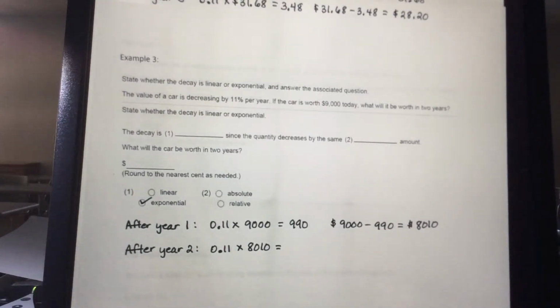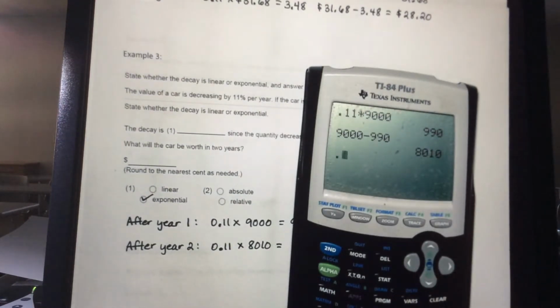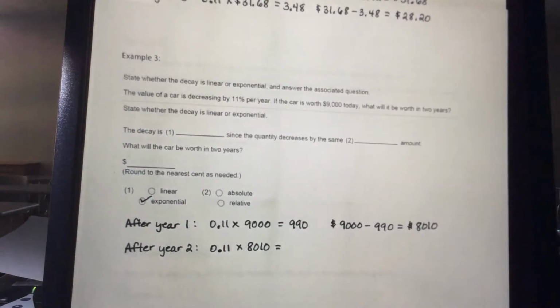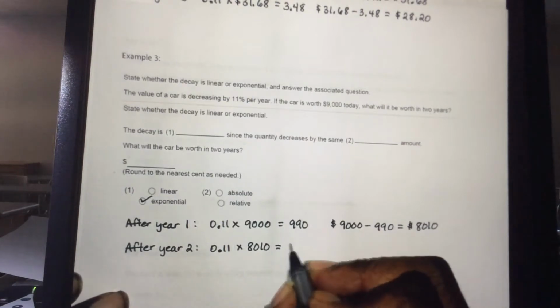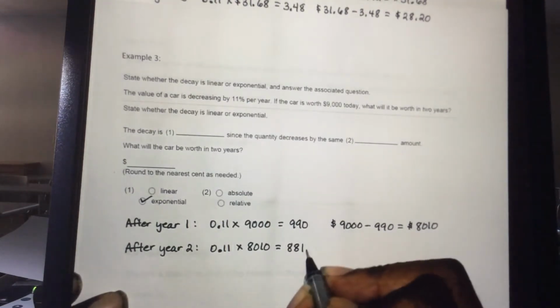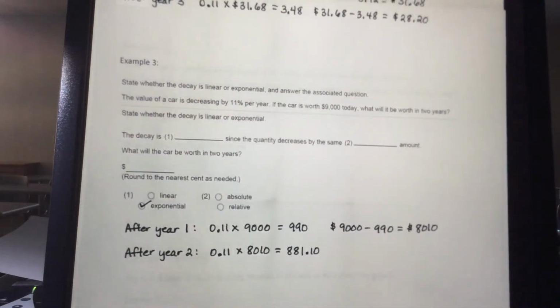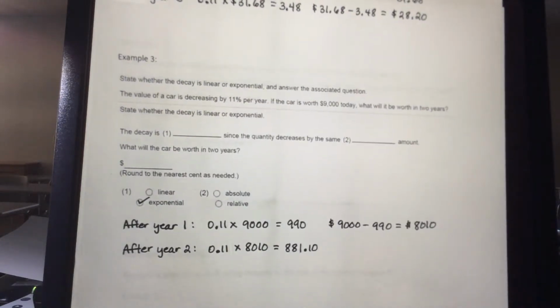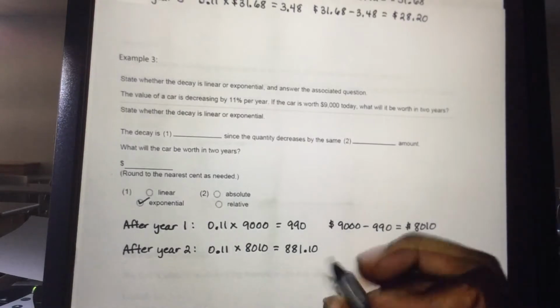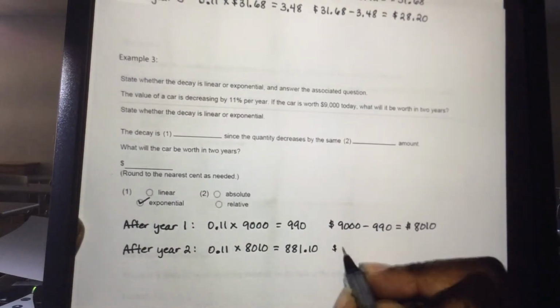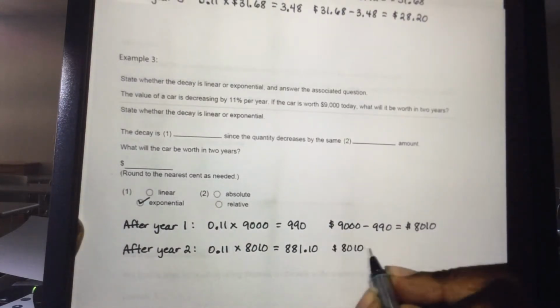So 0.11 times 8,010 will be $881.10. That will be the amount of that decrease. Now we're going to subtract that $881.10 from the $8,010.